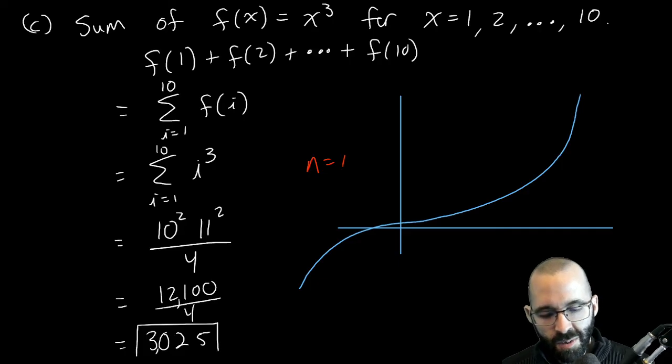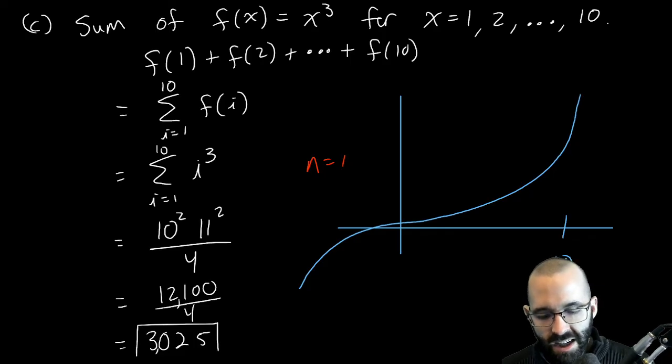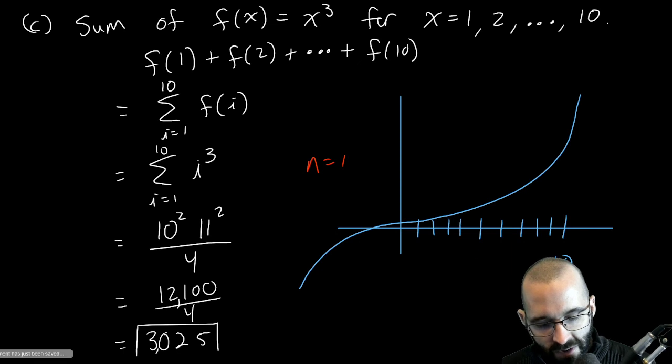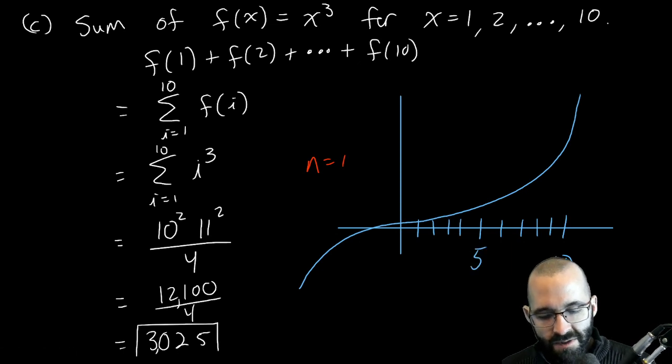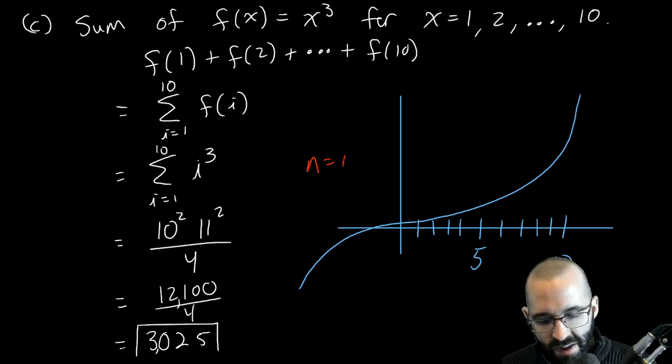We're looking at this function between 1 and 10, and what are we doing? Well, we can count from 1 to 10, right? 1, 2, 3, 4, 5, 6, 7, 8, 9. Well, what's the width of each one of these intervals? The width of each one of these intervals is 1.